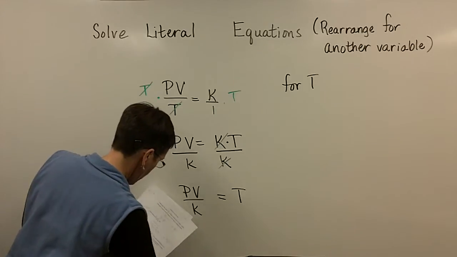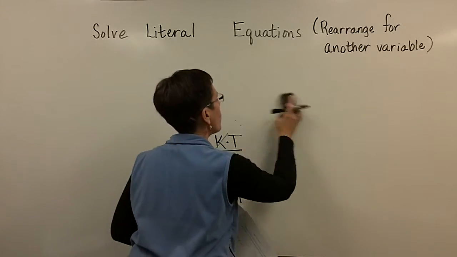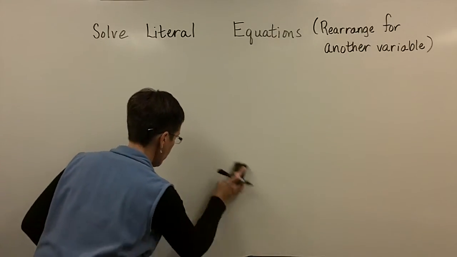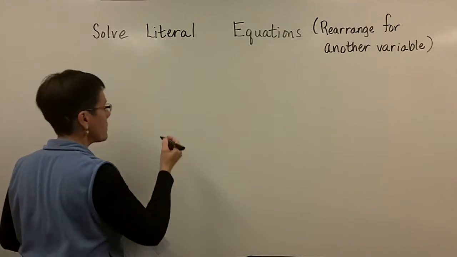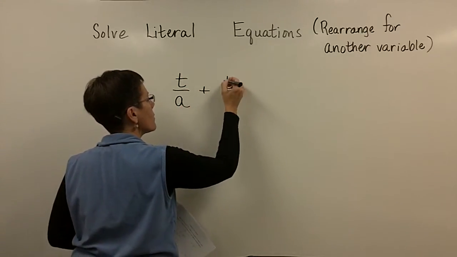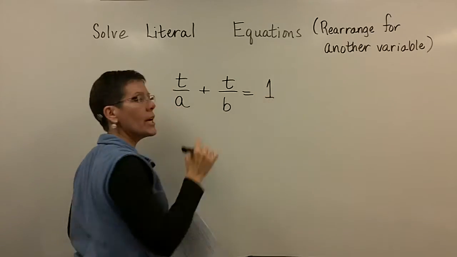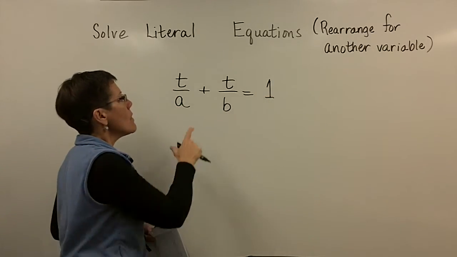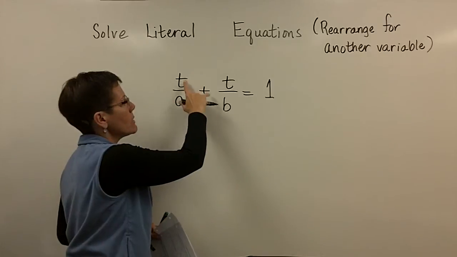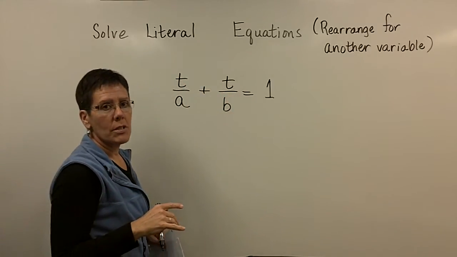Let's do a work problem. This is if two people were working together to do a project and they wanted to get the whole project done. They could complete the project in t hours or minutes or seconds or whatever if they work together.